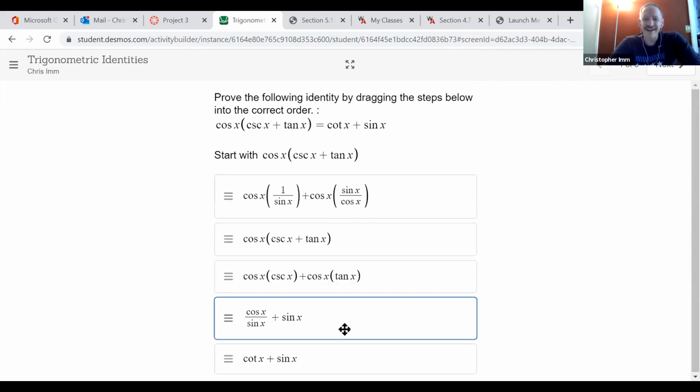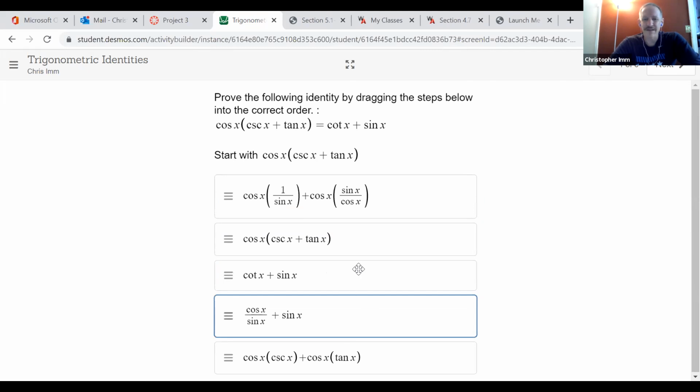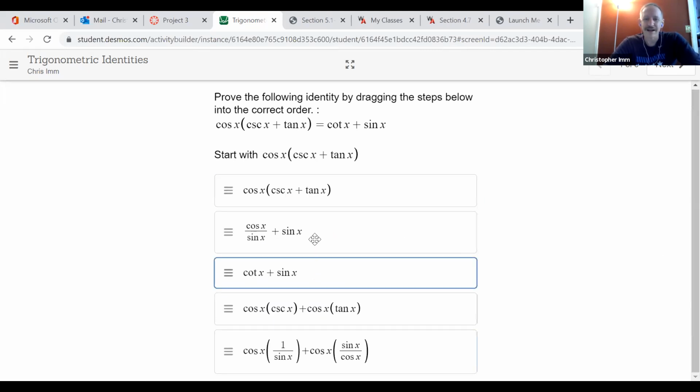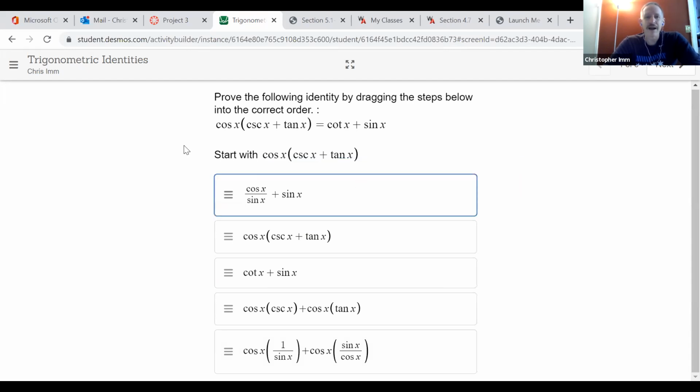Part of this exercise is that I have the steps to solve the identity, and we want to justify those steps and put them in order to go from the top down to the bottom.